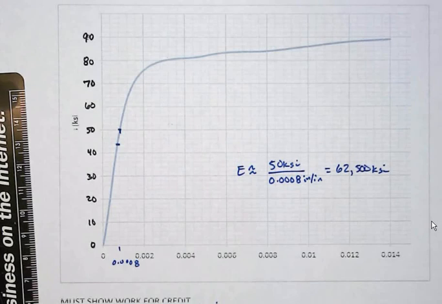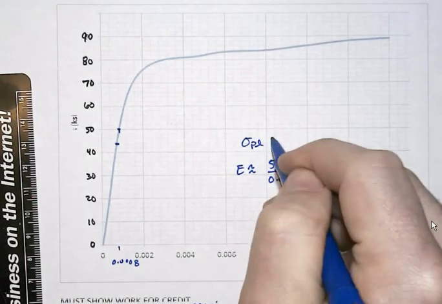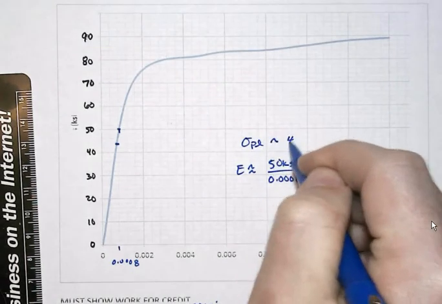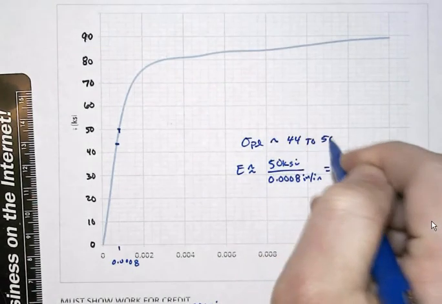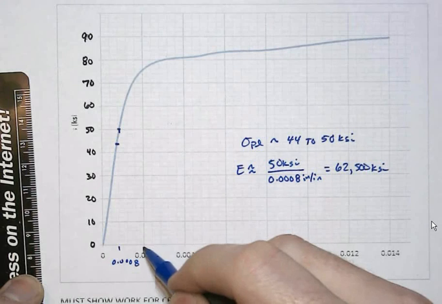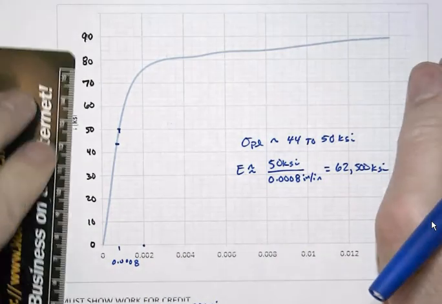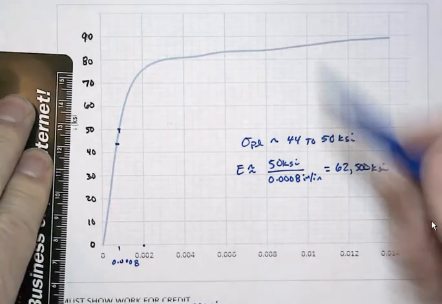For the 0.2% offset method, let me put on that first data here from 44 to 50 KSI for the proportional limit. For the 0.2% offset method, remember what you want to do is go to 0.002 strain, right? So that is equivalently 0.2%, and we're going to draw a line that is at the same elastic stiffness.